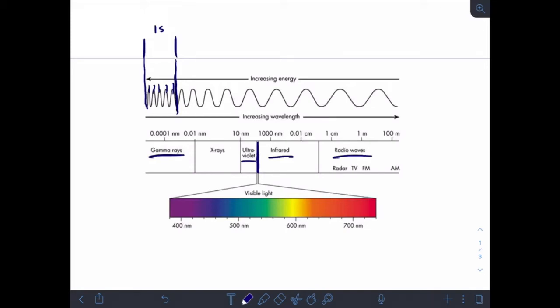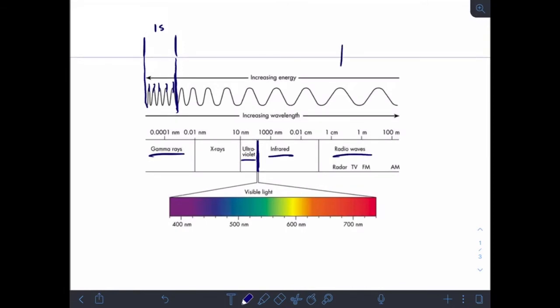Whereas down here, if I make a similar size box, also 1 second in width, I get maybe 1 peak that will hit, because everything's moving forward at the same velocity.